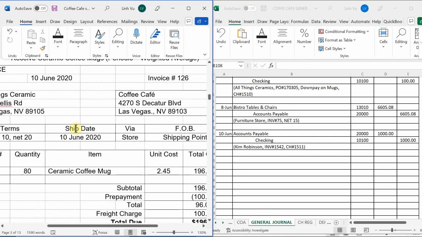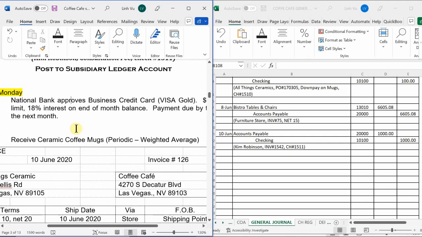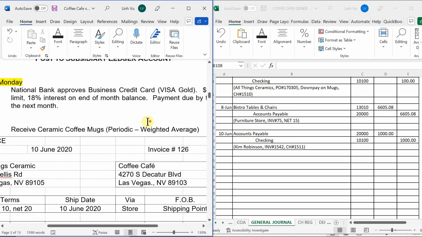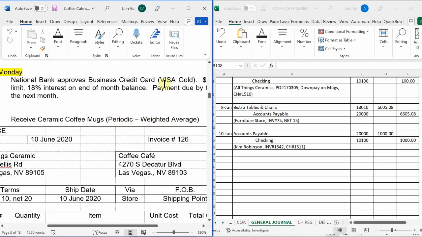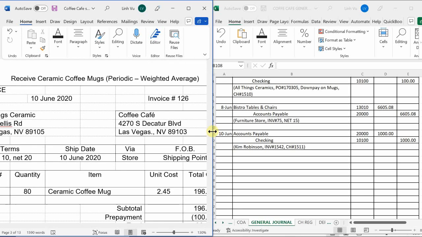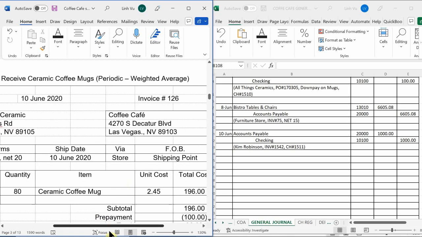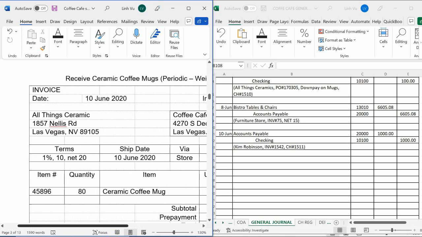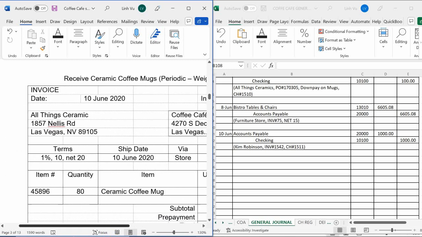All right, so now we finally end up receiving our ceramic coffee mugs, which is a periodic weighted average inventory item, okay? So here is the bill that we received from All Things Ceramics, right? We have invoice number 126 here for the date of June 10.